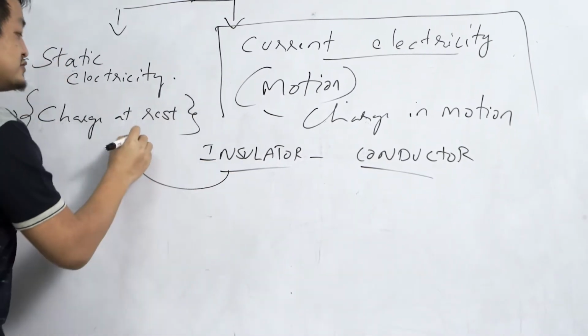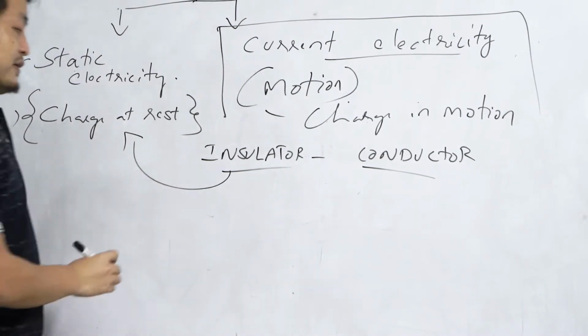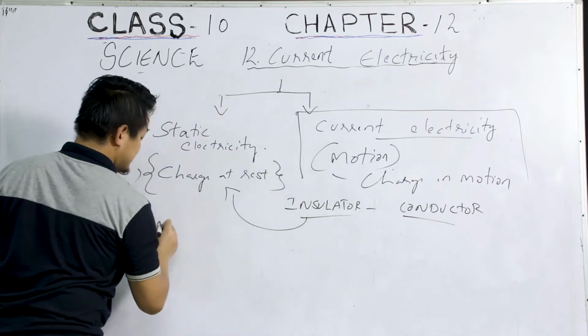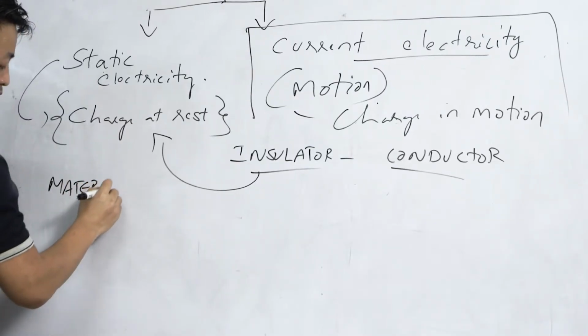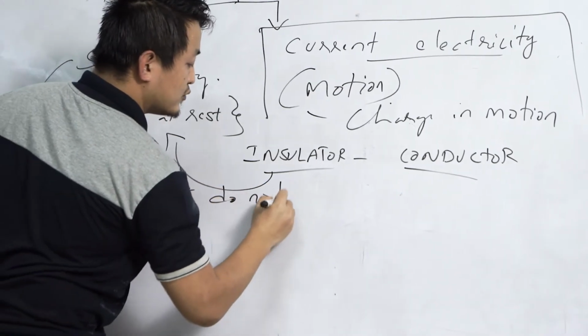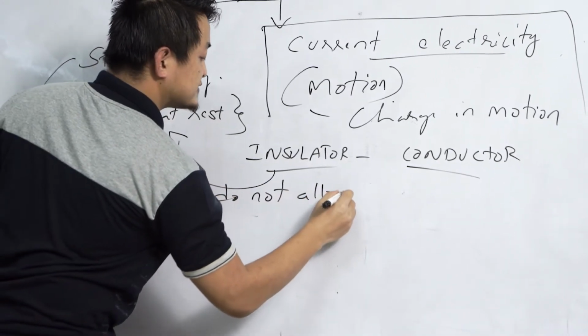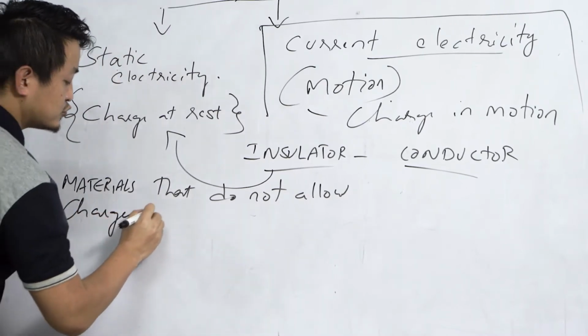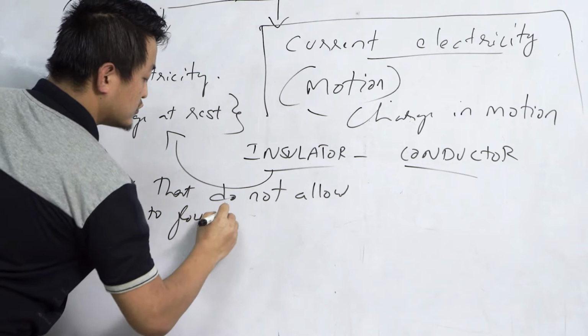Insulator will come under static electricity. Insulator means materials that do not allow charges to flow through.